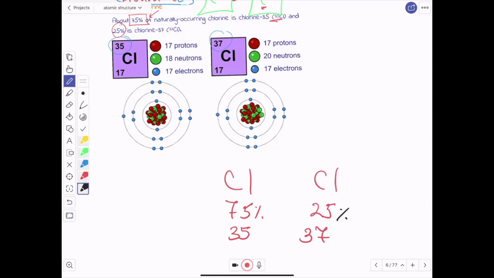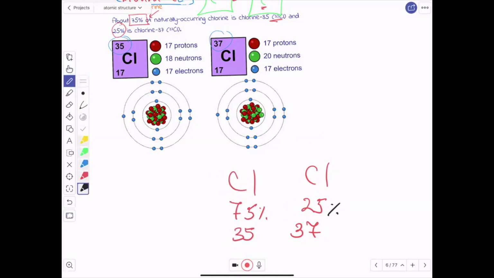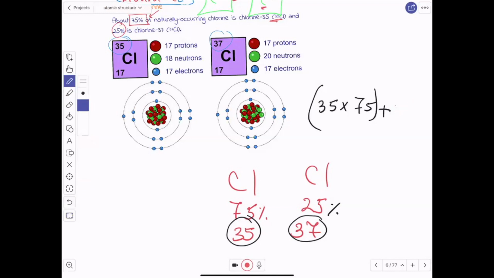What do I have to do? All you have to do is to consider both the mass of each one of those chlorines and its abundance. So look at the way I do it. I say 35 times 75% plus 37 times 25%.